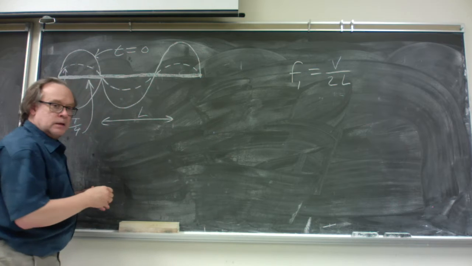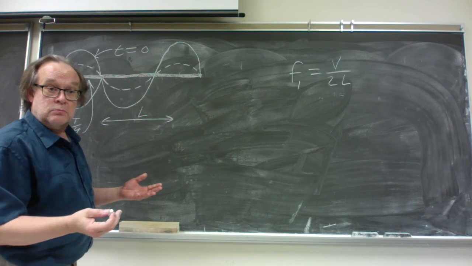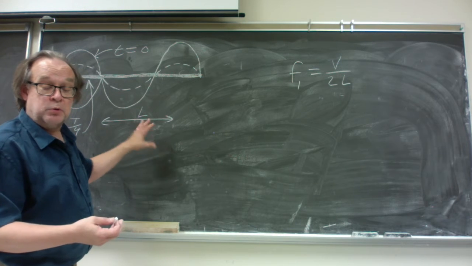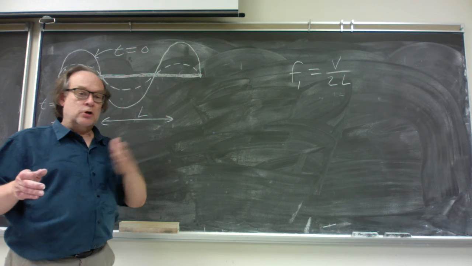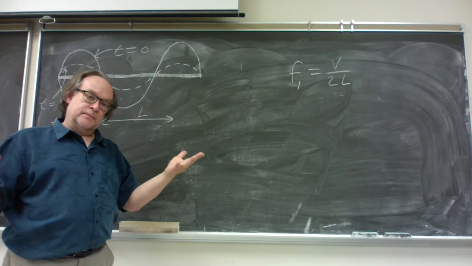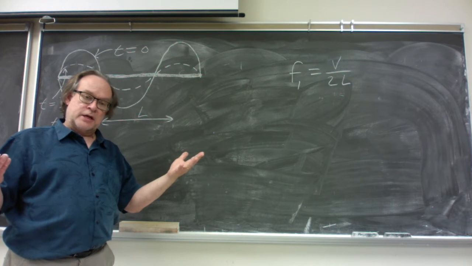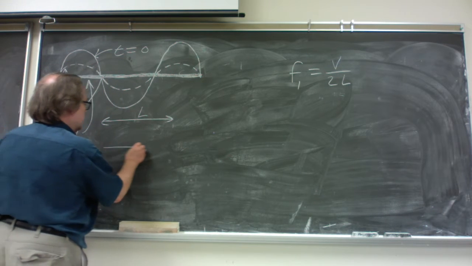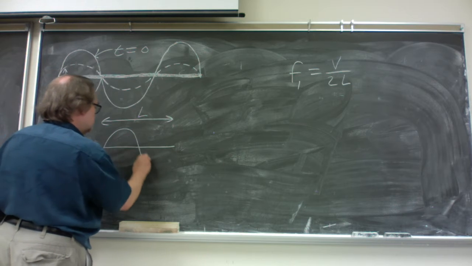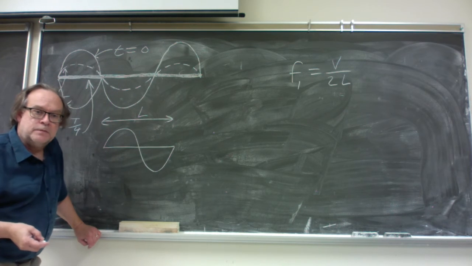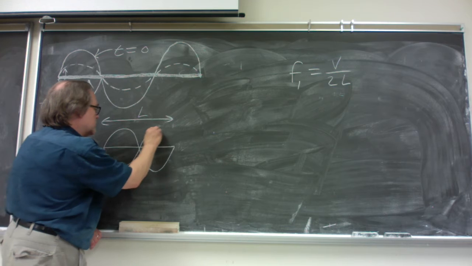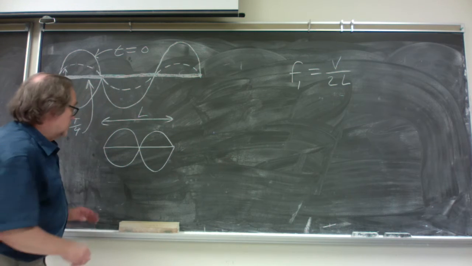Now imagine the next most complicated, just one step more complicated than that simple one we looked at a minute ago, which had no nodes between the ends. Now imagine a standing wave that has 1 node between the ends. At one point in time, a snapshot would look like that, and then half a cycle later, a snapshot would look like that.